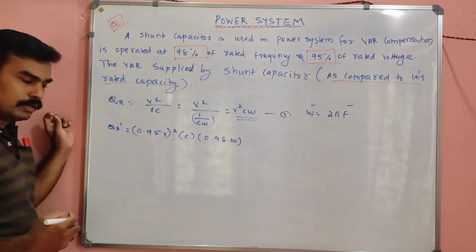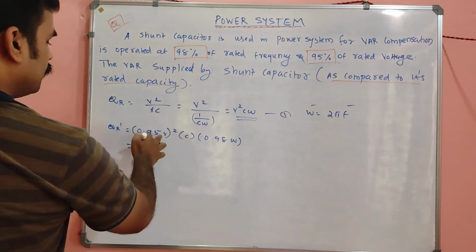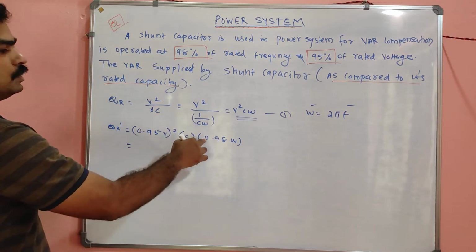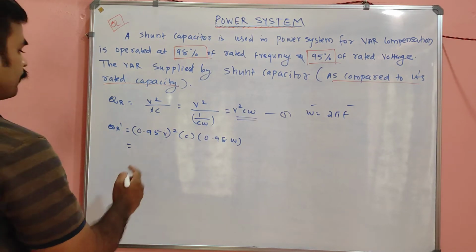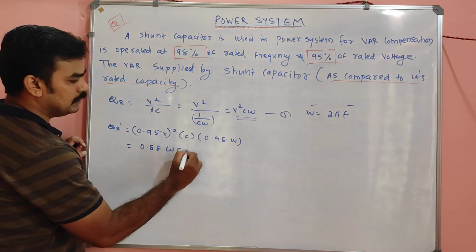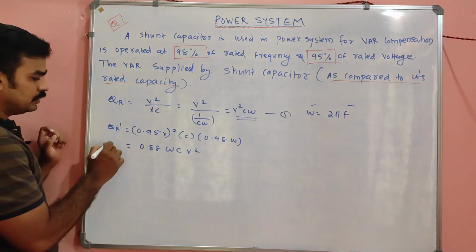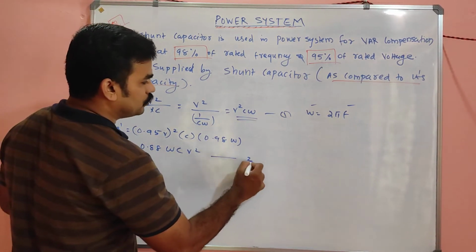If you multiply these two, you will get 0.95 square into V square into C into 0.98 into omega. You will get like 0.88 into omega C V square. So this is nothing but QR dash. Let it be equation number 2.